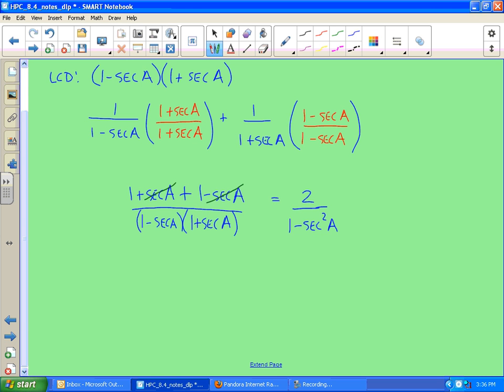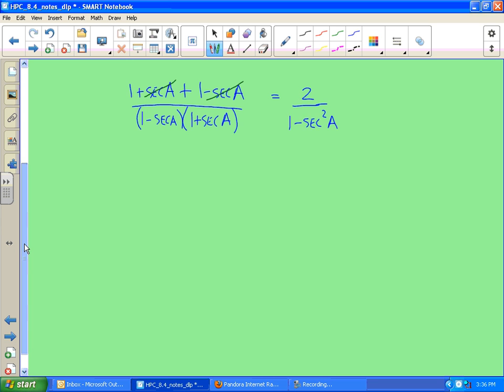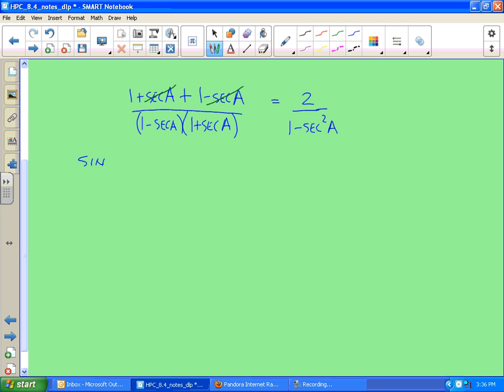And a 1 minus a secant squared of a, that looks like it probably came from one of our Pythagorean identities again. So sine squared plus cosine squared equals 1. How do I create a secant? I divide everything by a cosine squared. So I get a tan squared plus a 1 is equal to a secant squared.